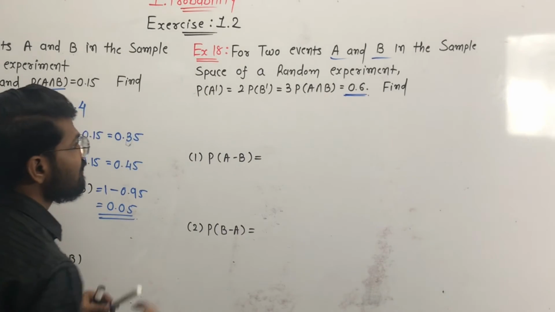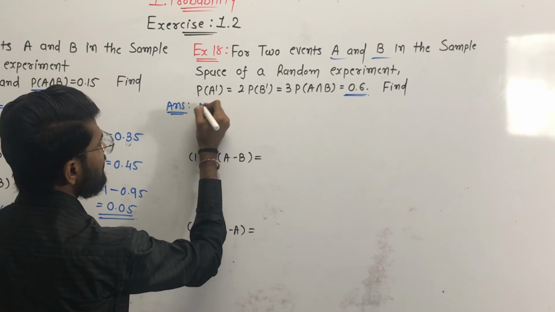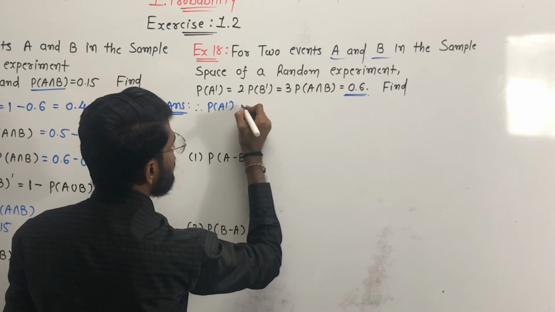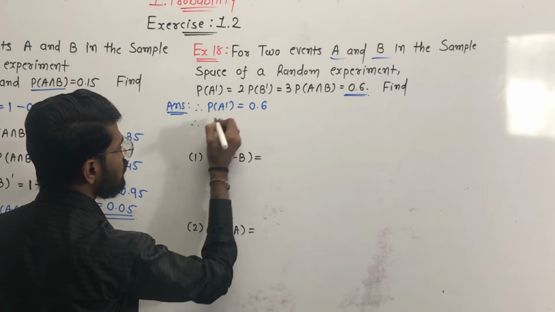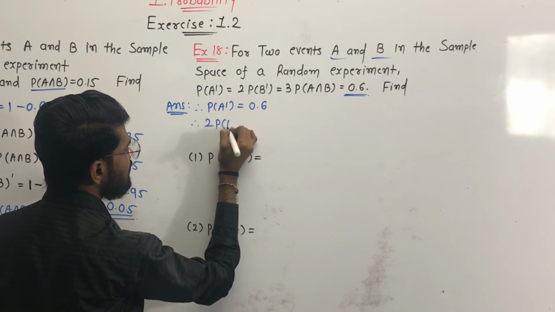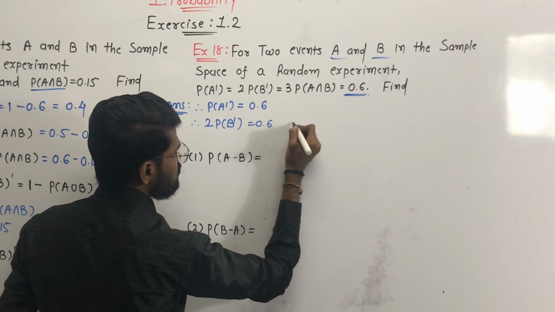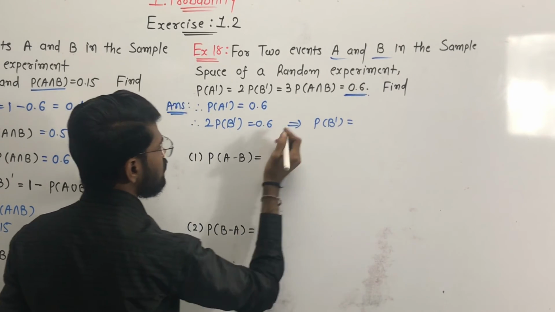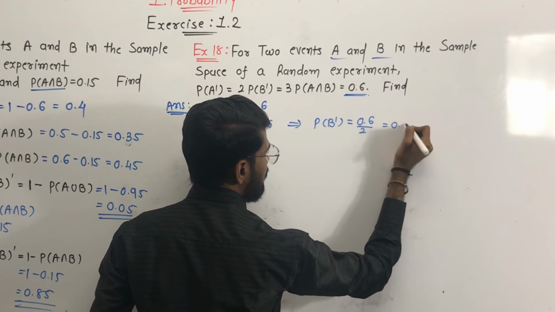Yes, first of all we find the P of A dash. We can write that P of A dash is equal to 0.6. Then 2 times P of B dash is equal to 0.6, so P of B dash is equal to 0.6 by 2, which is 0.3.